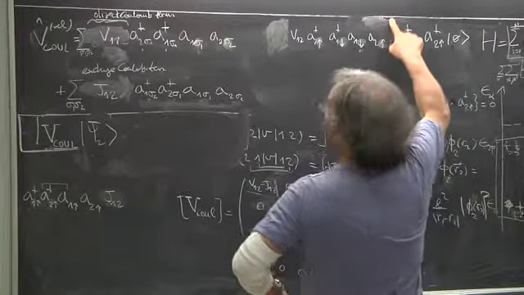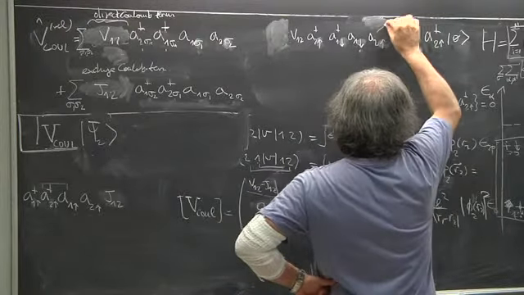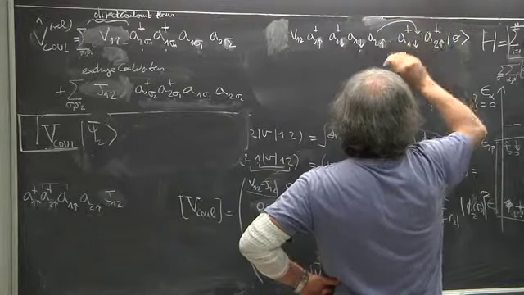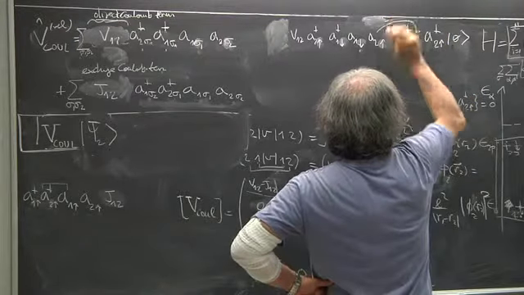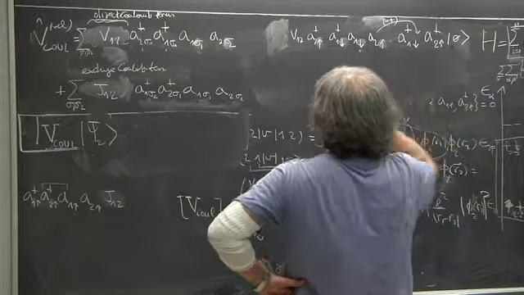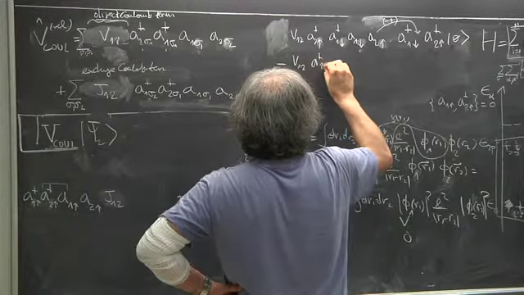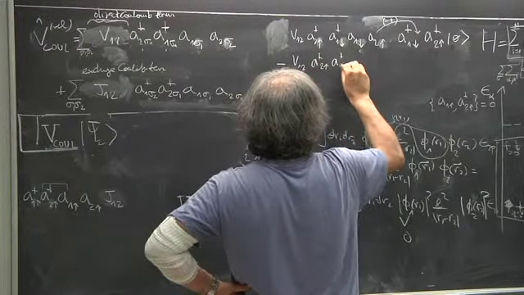In order to apply the same thing we did before, I should bring this there, okay? This costs a minus sign. Good, minus 1. Good, let's do it. So this is minus V1, 2, A dagger 2 up, A dagger 1 down.